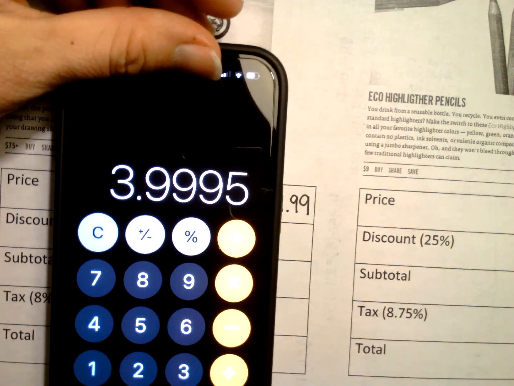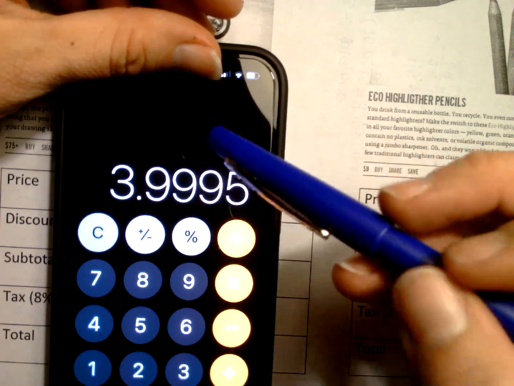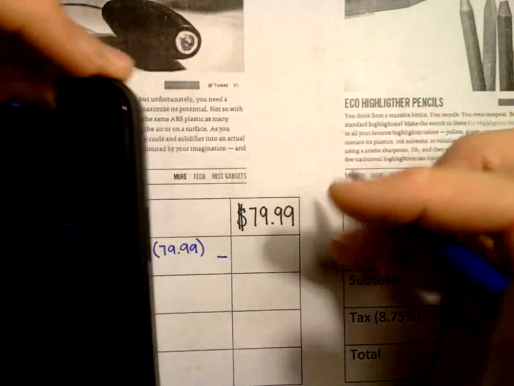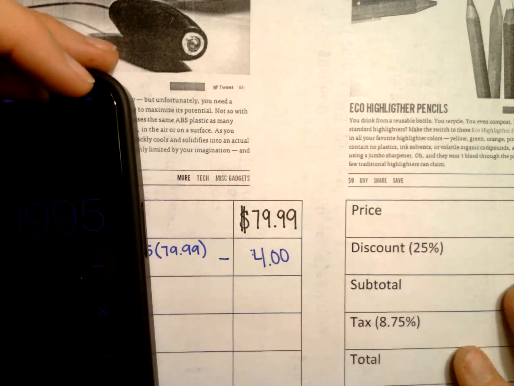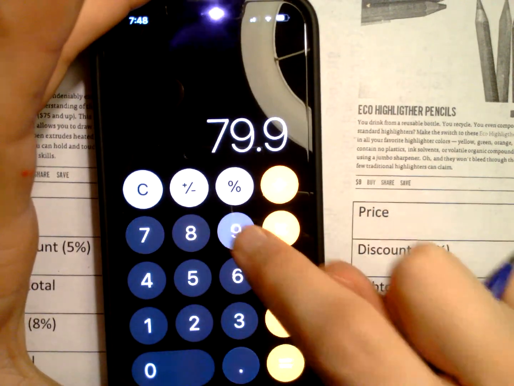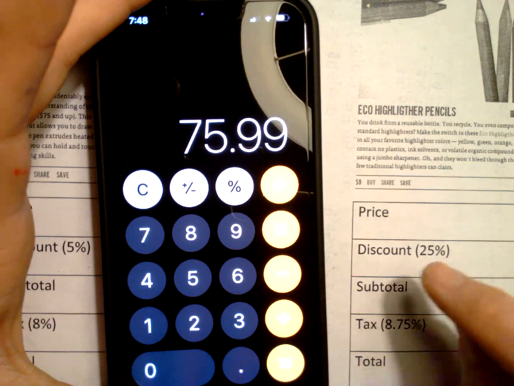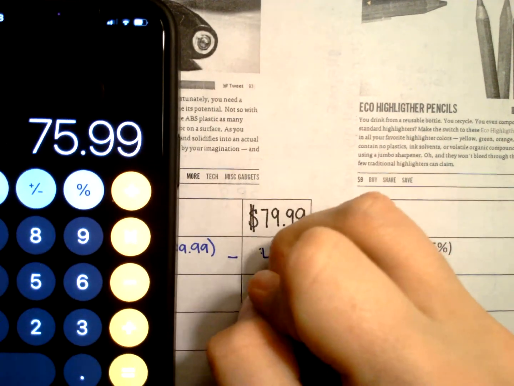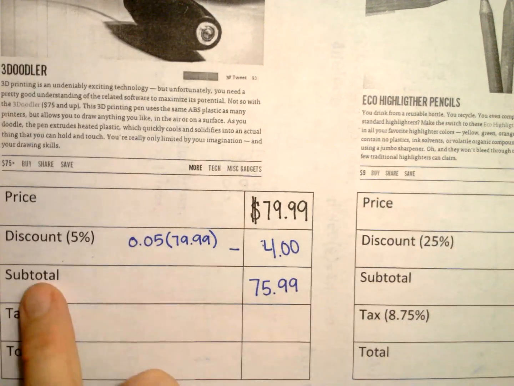Because this 9 affects it, and I'm at 99, I can't get any higher. It has to go up. So the discount is $4. So I have $79.99, and I subtract $4. I end up with $75.99. That is my subtotal.